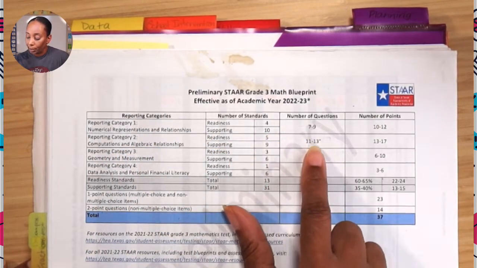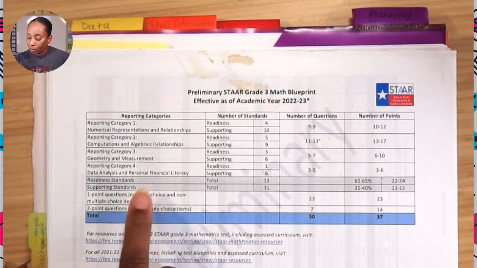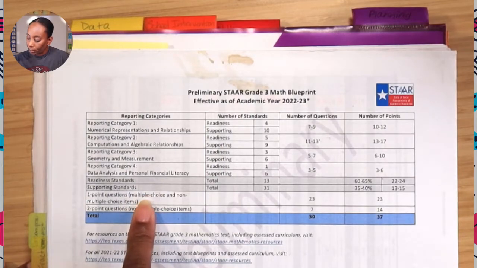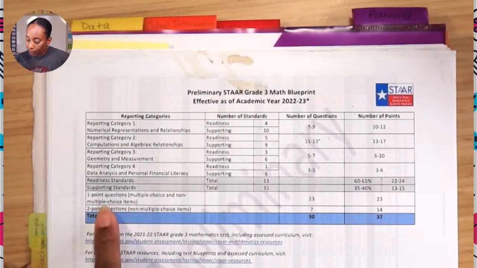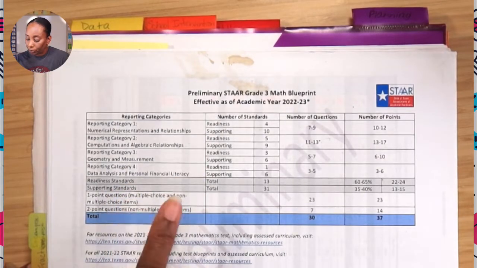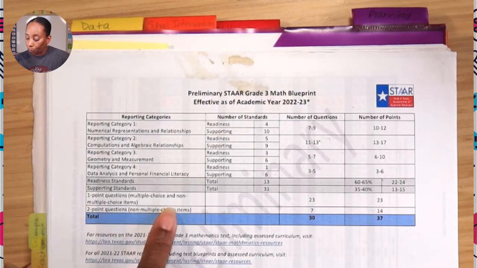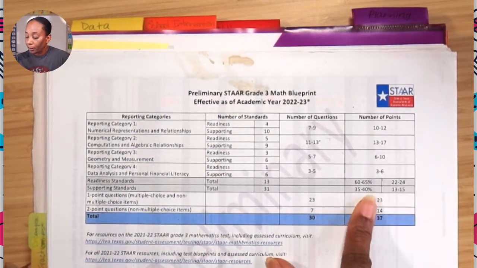But if you look here, it has 11 to 13 questions. But a lot of these questions are going to be some of them are these 1 point question, multiple choice, and non-multiple choice items, and 2 point questions. So they can be in there.